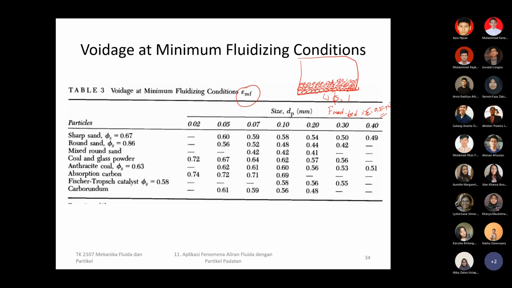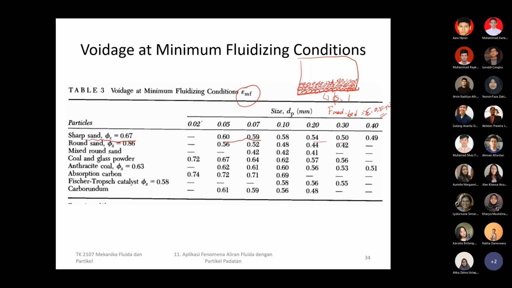When you have other shapes, I think this is the number from Levenspiel's book, if I'm not mistaken. If you have a sharp sand where the sphericity is only 2/3, then you will expect a higher void fraction, maybe in the order of 0.6 or 0.5, depending on the size and the sphericity.